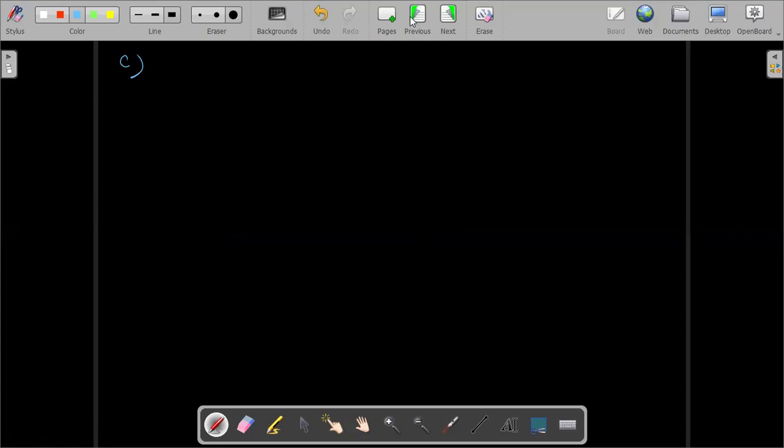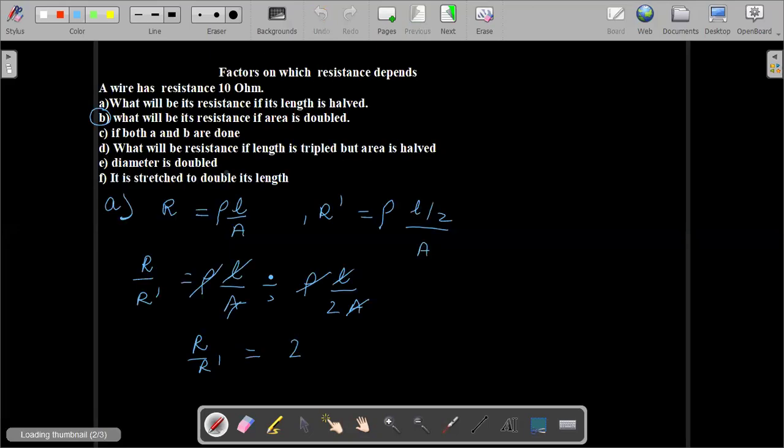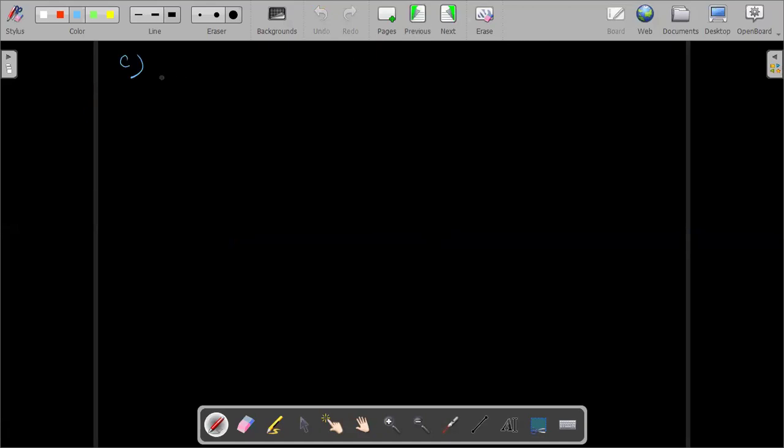Okay, so see, part C says that the length is halved and area is doubled. So we can write new length to be L by 2 and new area A dash will be equal to 2A, right?